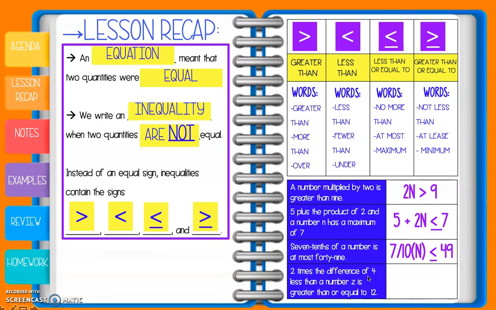So 2 times, I know the word difference tells me that I need to use some parentheses because I want to find the answer to that subtraction problem first. Then it says 4 less than z, so I know I'm going to have to switch their order around, z minus 4. And it says it's greater than or equal to 12. So we have 2 times (z minus 4) is greater than or equal to 12.